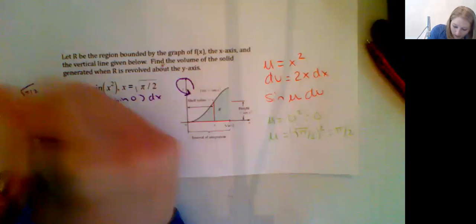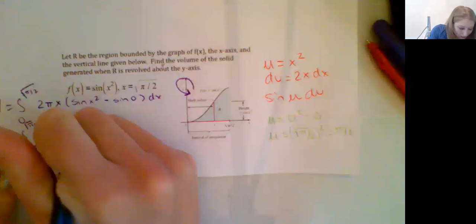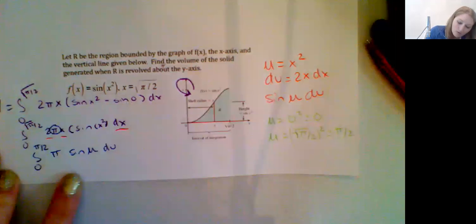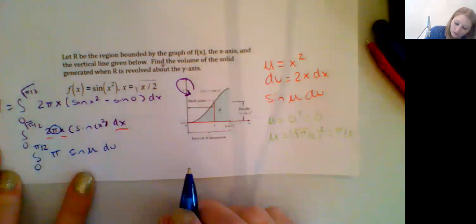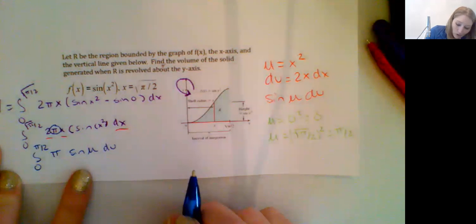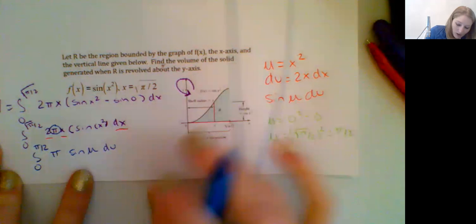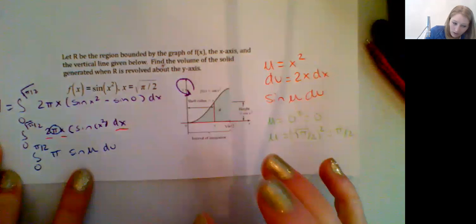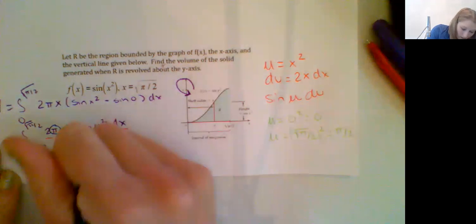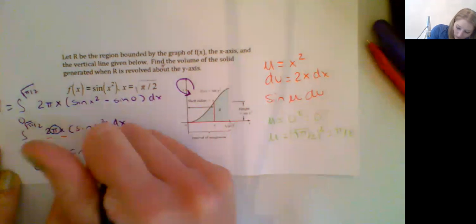I still have pi, and I'm integrating sine u. Okay, so what does the integration of sine come from? Or what gives you sine for your derivative? And the answer is cosine, but not just regular cosine. I need the negative. So I'm going to end up with negative pi cosine u.